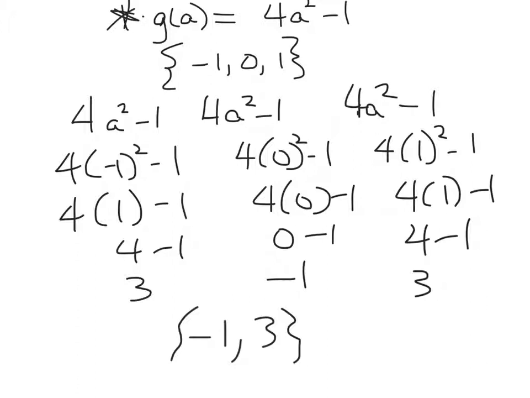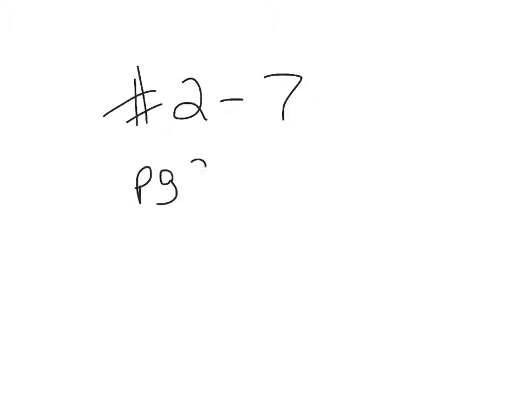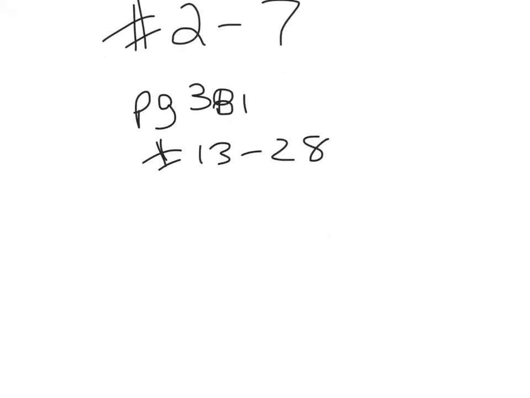Then questions 2 through 7 on the test are going to come from problems in the homework on page 381. And it's like 13 through 28. Now, the difference is when you did 13 through 28, each problem had a different function.